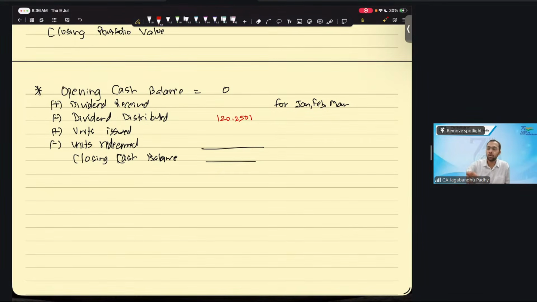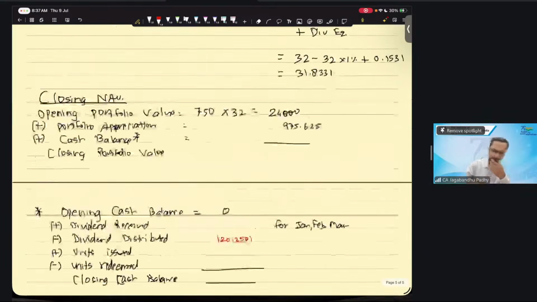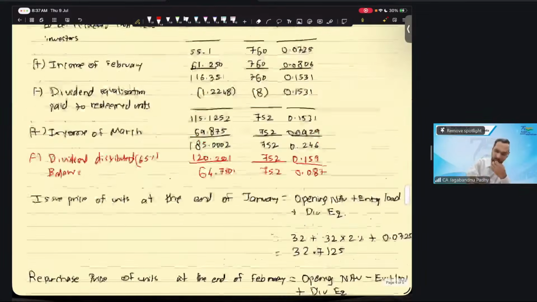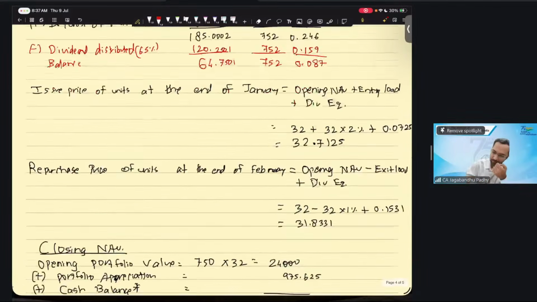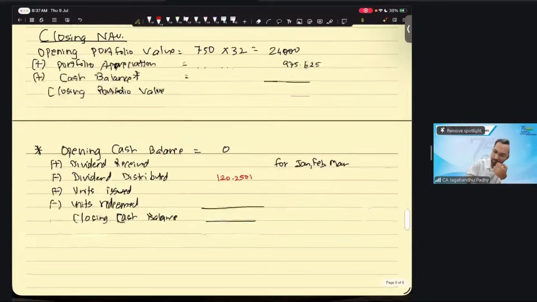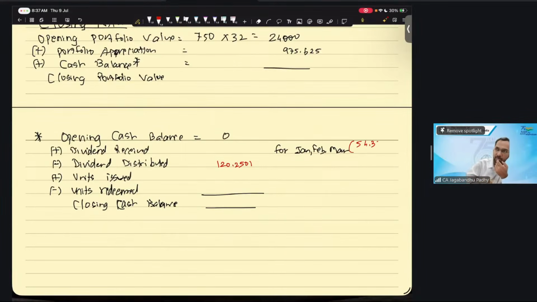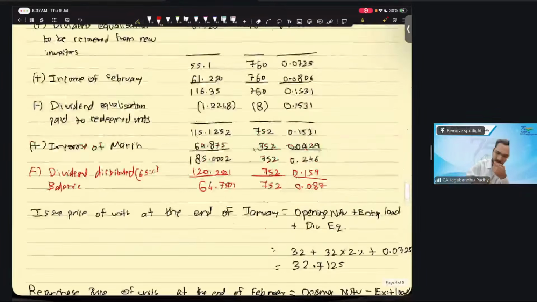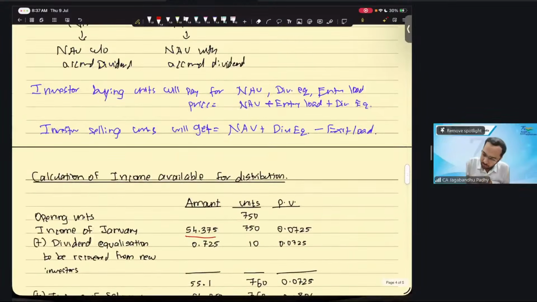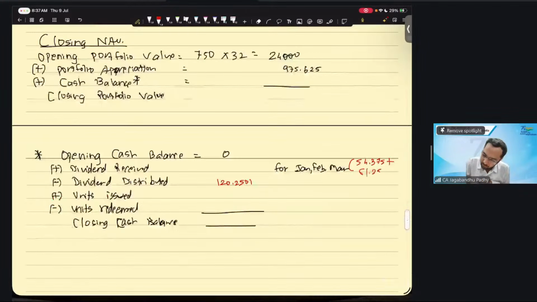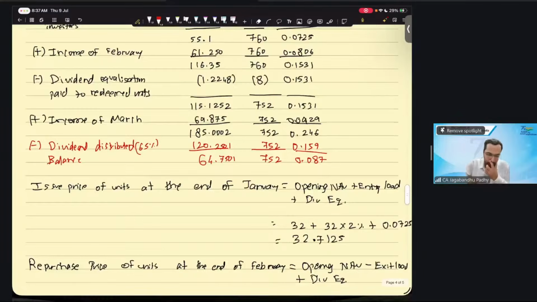So what's the total dividend that you have received? Dividend that you have received will be 54.375 plus 61.250, and again plus March it is 69.875.